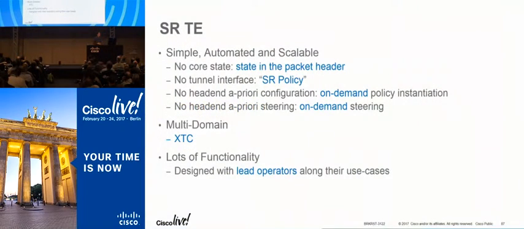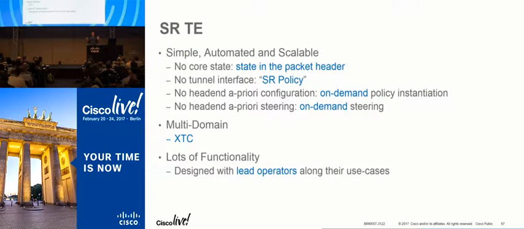Conclusion. I hope that you can see it's simple. Compared to all what we've seen over the last 20 years, I think that we have taken it from scratch, completely new process, new CLI, new thinking process. It is simple, entirely automated, and scalable. The scalability because of SR, we have no state in the core, we have the state in the packet header, but furthermore, we have eliminated configuration at the edge.